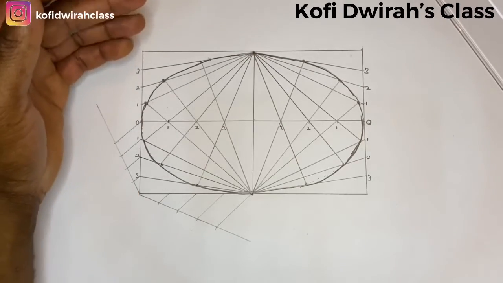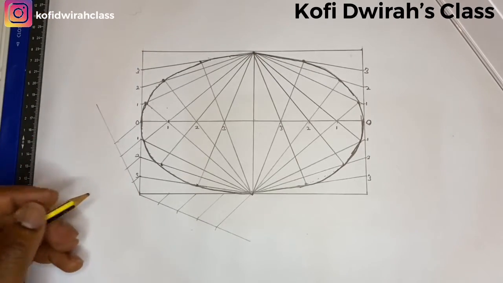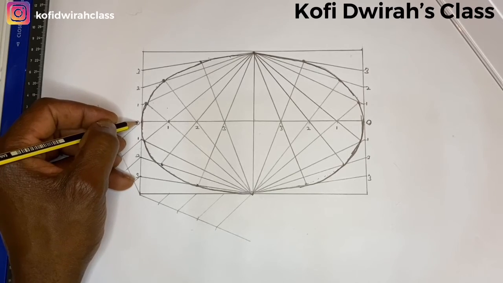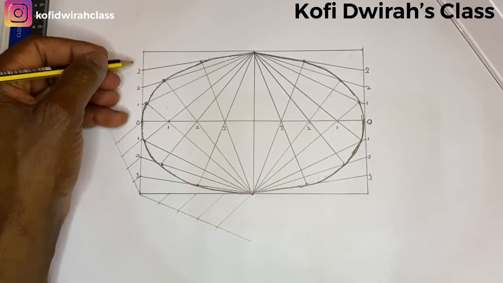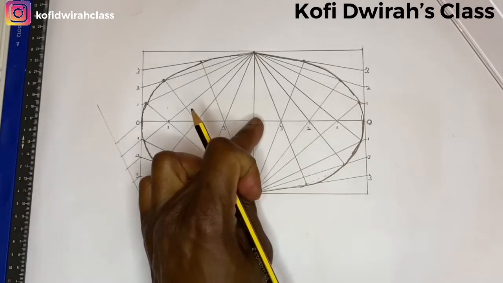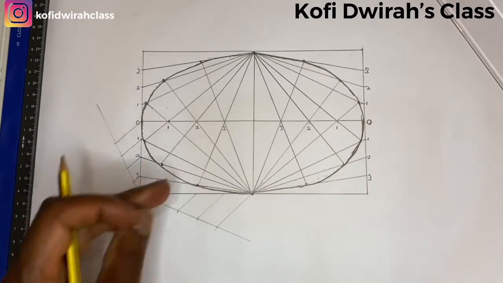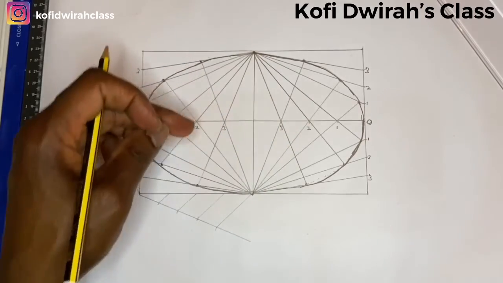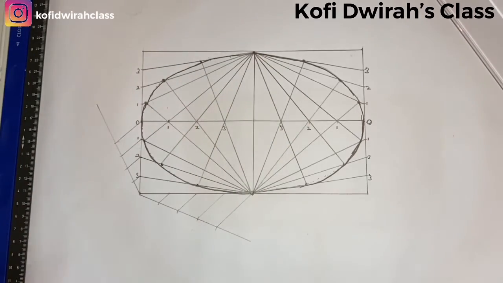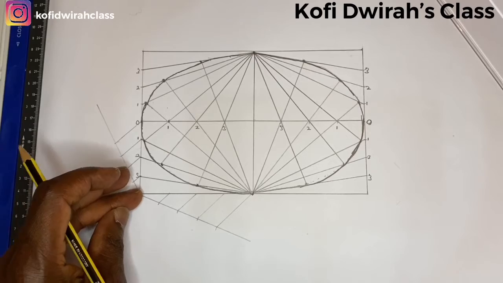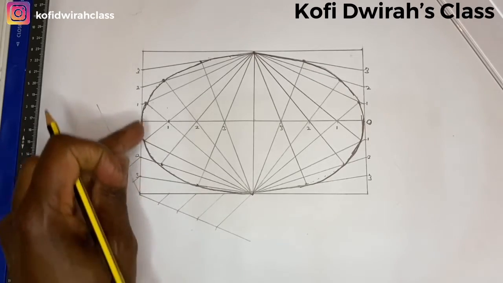So use the same radius to divide these lines. You divide all these sides into 4 equal parts, then you number from this point 0, 1, 2, 3. Then here you divide this side also into 4 equal parts. That's why I use the method here, because the distance from here to here is equal to here.